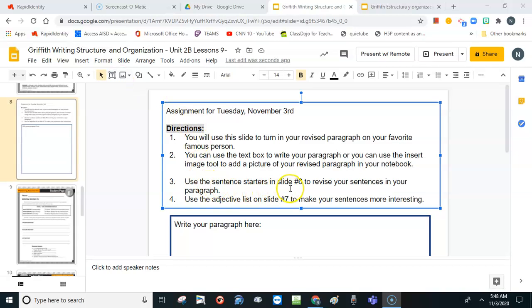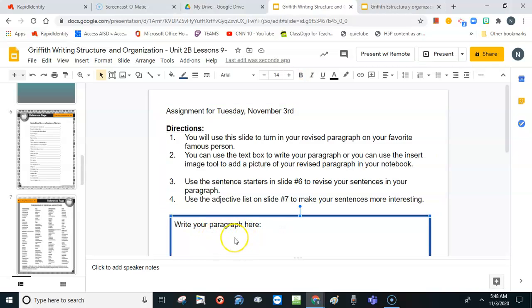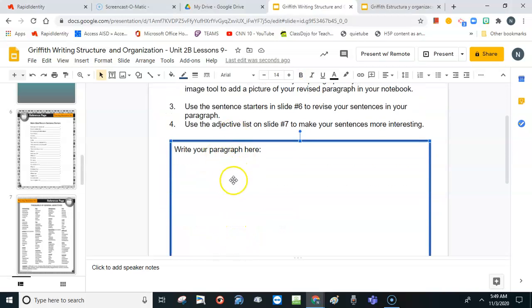Use the sentence starters in slide 6, which we went over right here, to revise your sentences in your paragraph. Use the adjectives in slide number 7 to make your sentences more interesting. Then you will use this text box down here to write your paragraph or add an image of your paragraph.